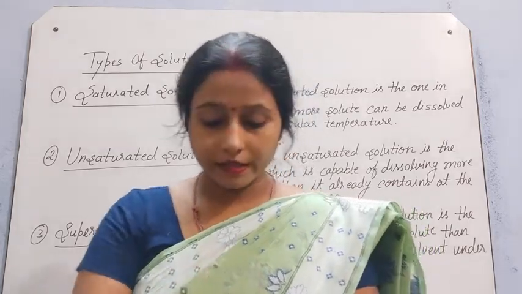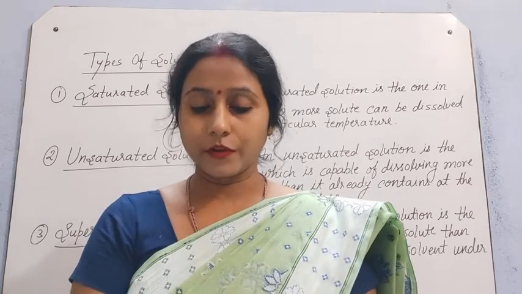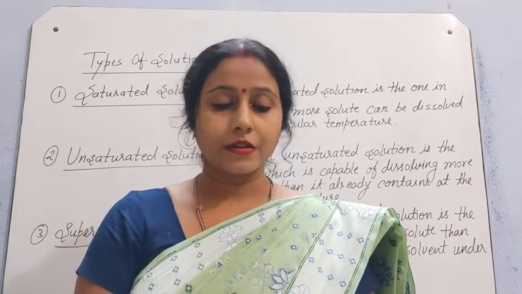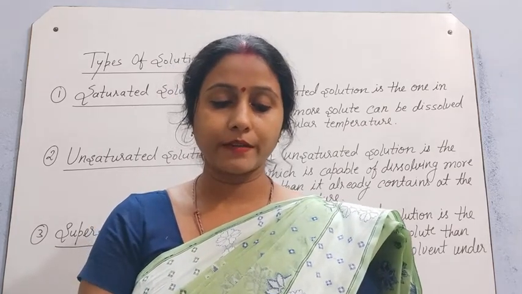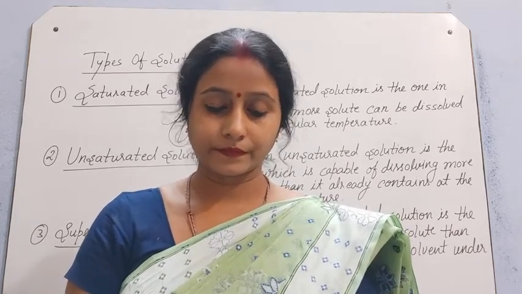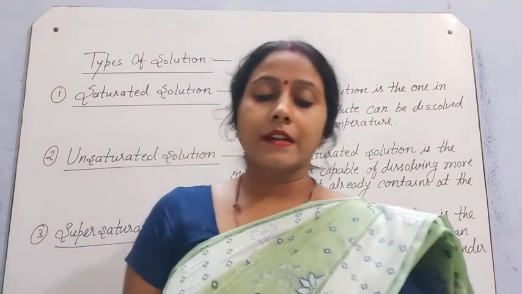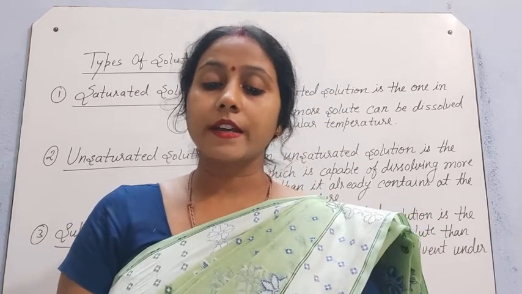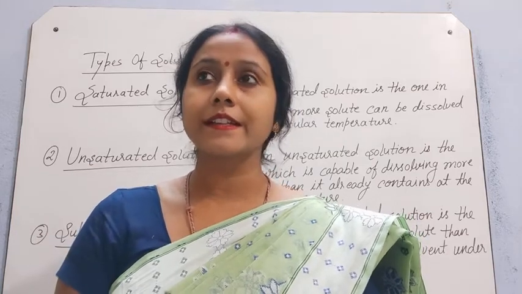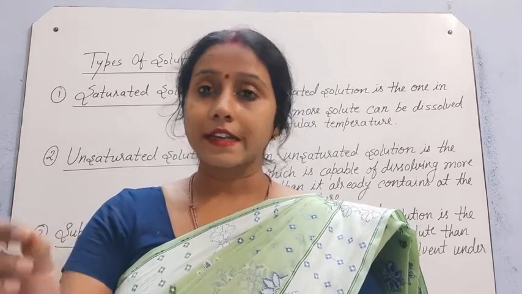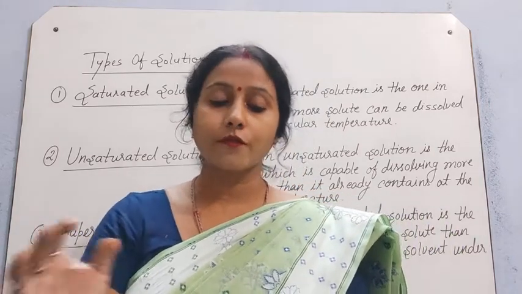Okay, so in your book some questions are given after this, and I am going to give the answers. Choose the correct options. A substance that is dissolved in another substance is called solute. Second, which of the following is not a source of water?